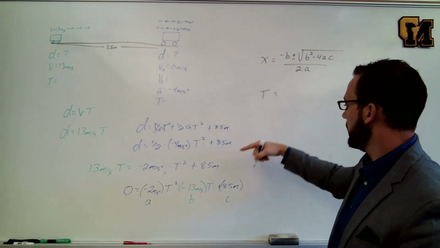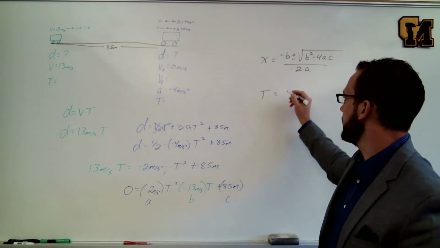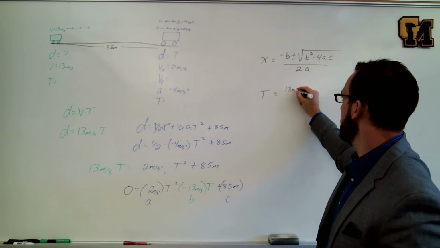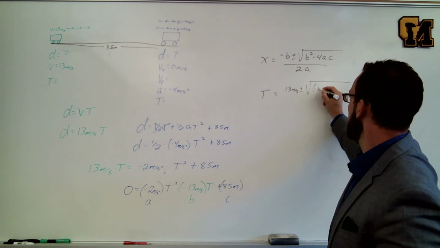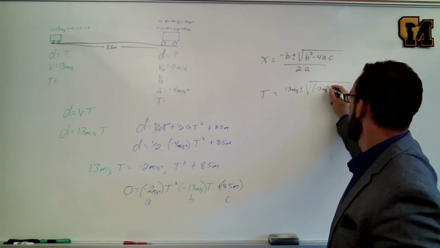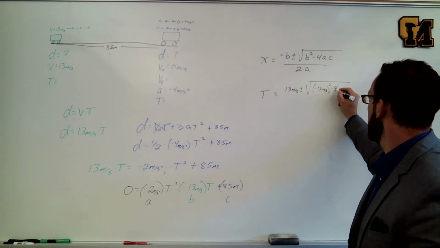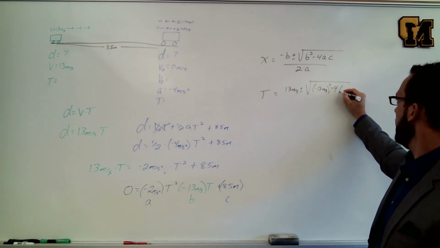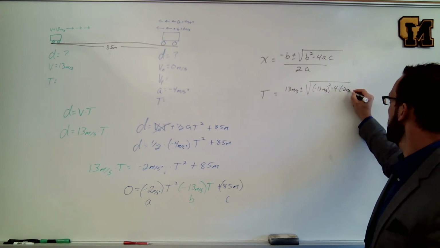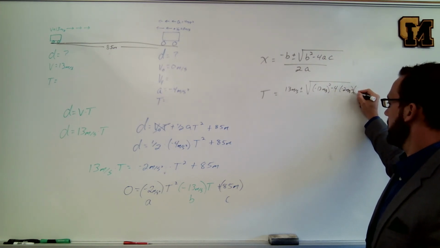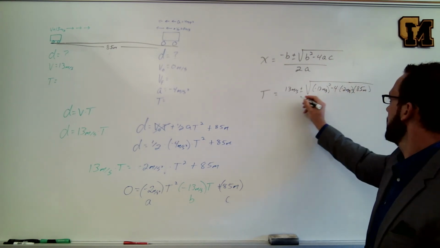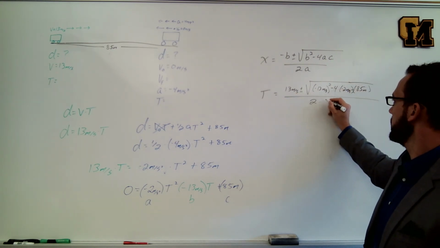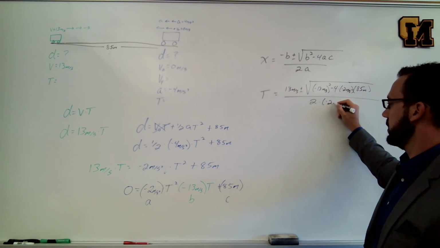So negative b, which would be -13 or 13, plus or minus the square root of -13 squared minus 4 times the a, which is -2, and c is 85, all over 2 times -2.